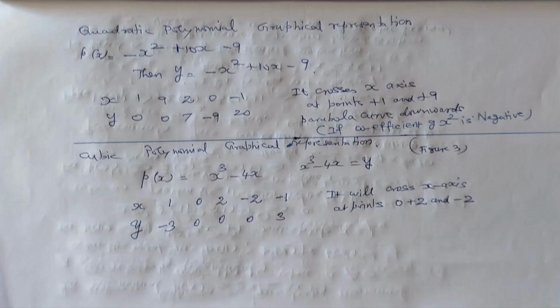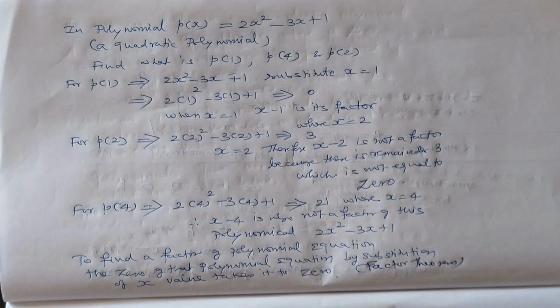In the polynomial p(x) = 2x squared minus 3x plus 1, which is a quadratic polynomial, find what p(1), p(4) and p(2) are. Here p(1) becomes 0. If you substitute 1 for x, then the expression becomes 0. Then x is equal to 1, so x minus 1 is its factor.